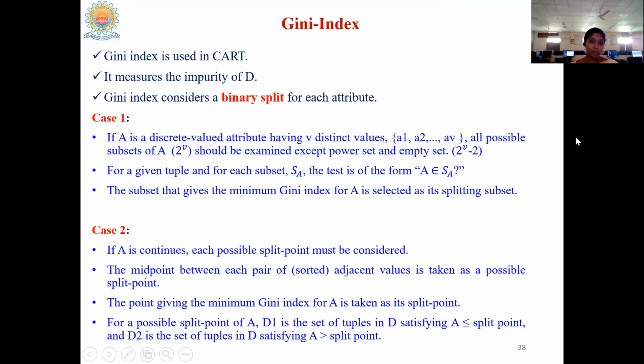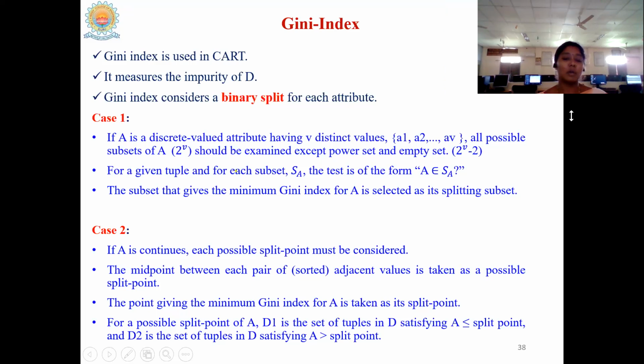If A is a discrete valued attribute having v distinct values, a1 to av, all possible subsets of A should be examined except the power set and the empty set. So for a given tuple and for each subset SA, the test is of the form A belongs to SA. Just now what I discussed on the whiteboard. The subset that gives the minimum GINI index of A is selected as the splitting subset.